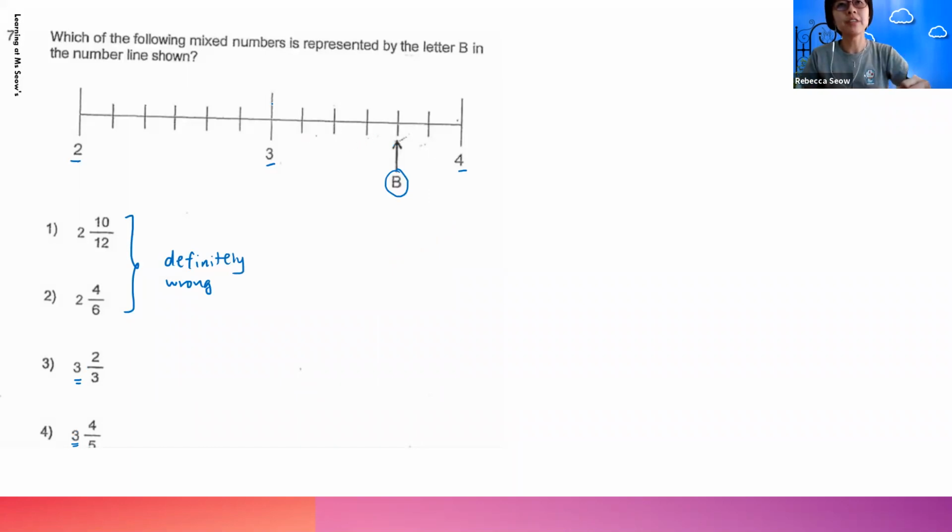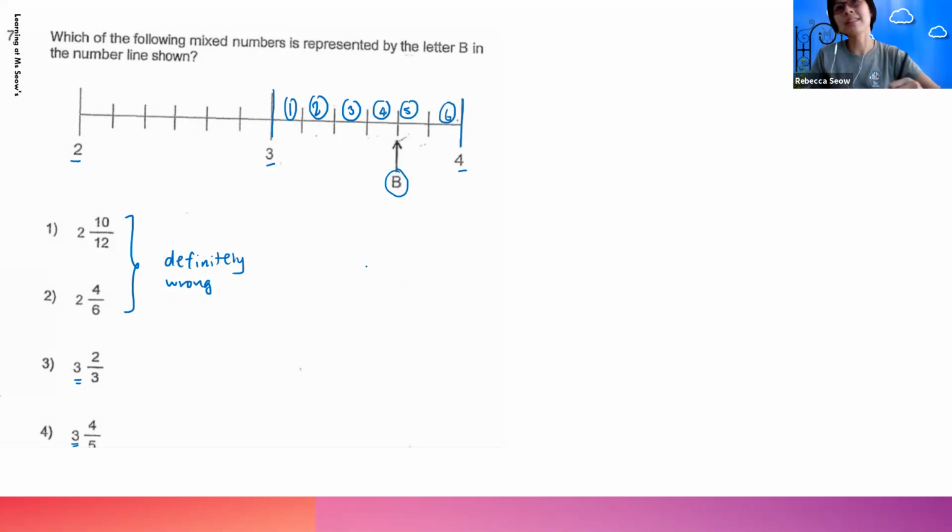So if you notice from 3 to 4, you need to count the number of divisions, the number of intervals. That will give you the total intervals between 3 and 4, which will make up the denominator. So the intervals are: first one, second one, third, fourth, fifth, and sixth.